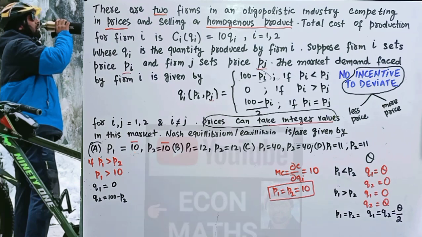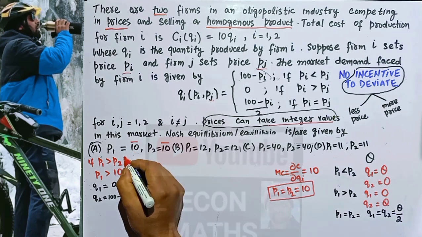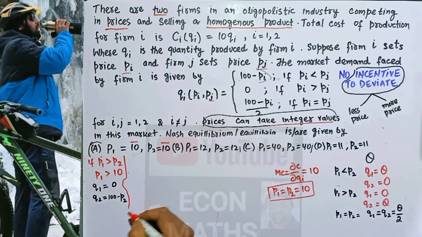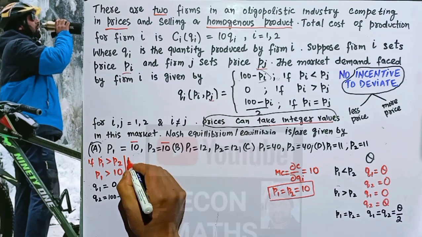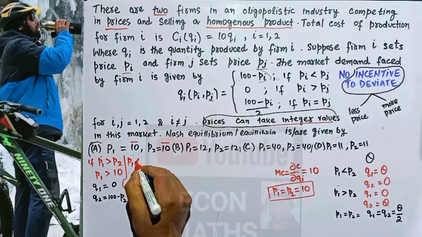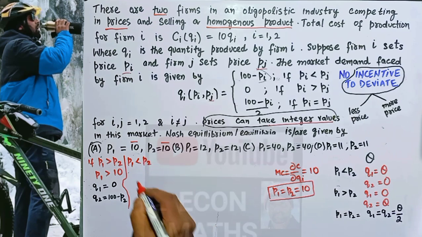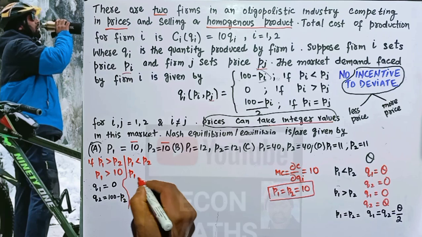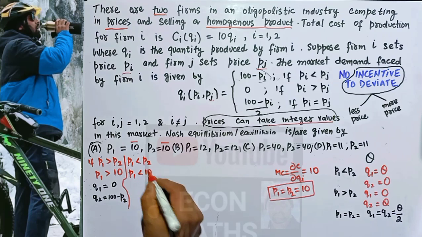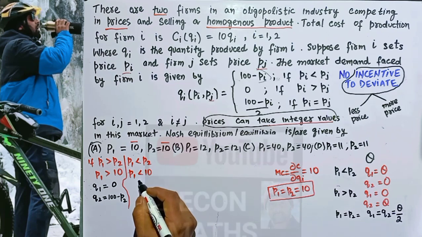What if, second scenario, and let's write it here, what if firm 1 charges a price less than the price charged by firm 2? That means P1 will be less than $10. In this case, what happens to firm 1?